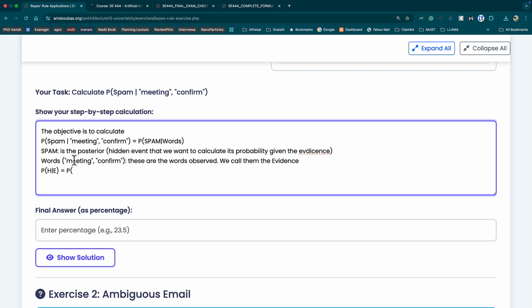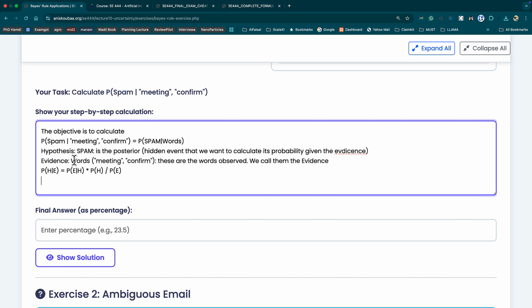The probability of evidence given hypothesis multiplied by the probability of the hypothesis divided by the probability of the evidence. Now we know what is our evidence. So this is hypothesis. And this is our evidence.